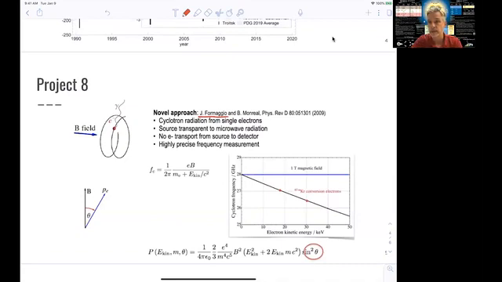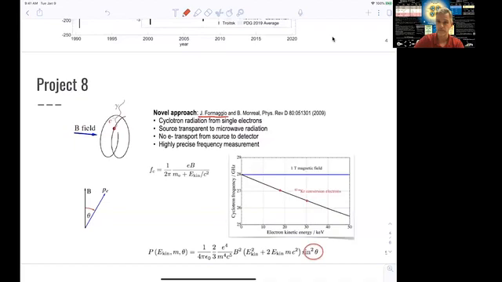The measurement of the energy turns into a measurement of the cyclotron frequency of the electron circling around in a magnetic field, and frequencies can be measured with very, very high precision.